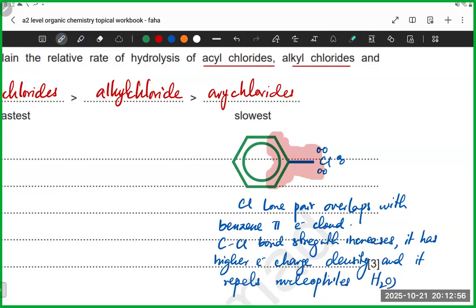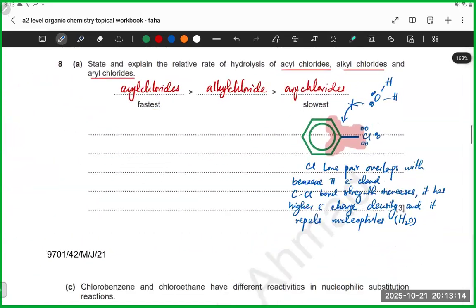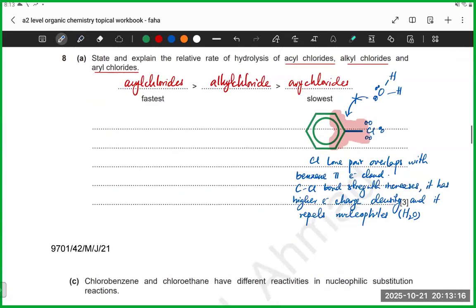Water was the nucleophile. So hydrolysis will not happen because the water molecule, with its negative charge and its lone pairs, is not going to be attracted to the high electron density C-Cl bond. So there won't be any reaction.